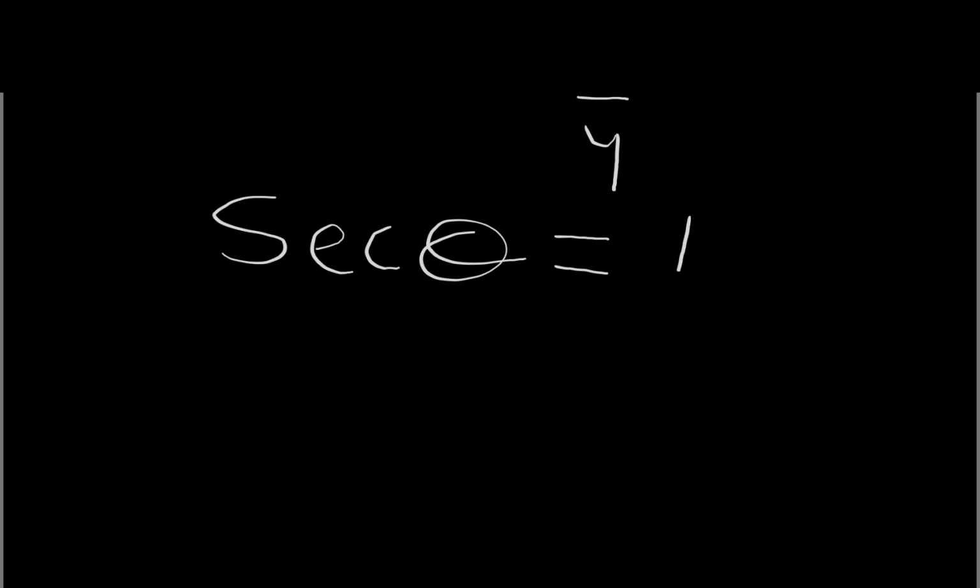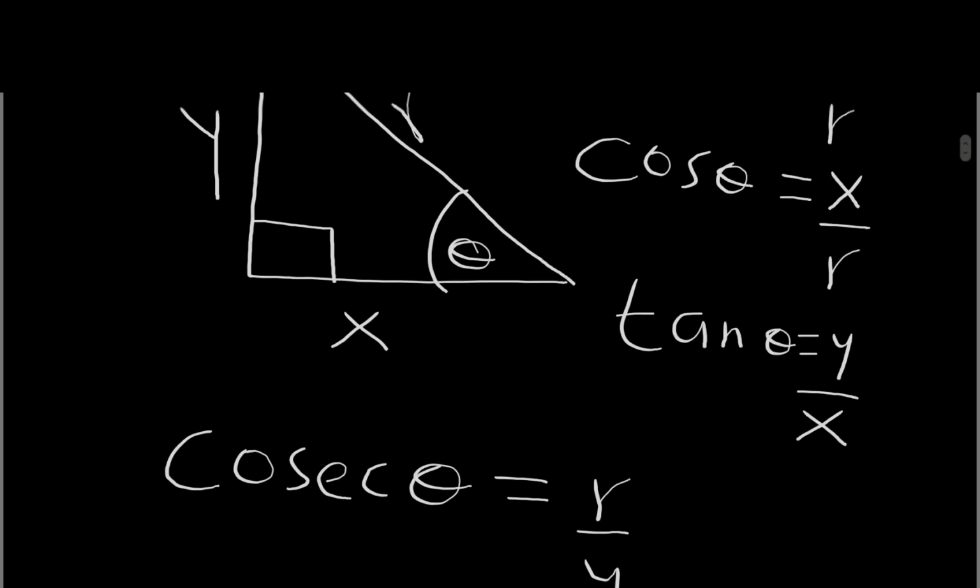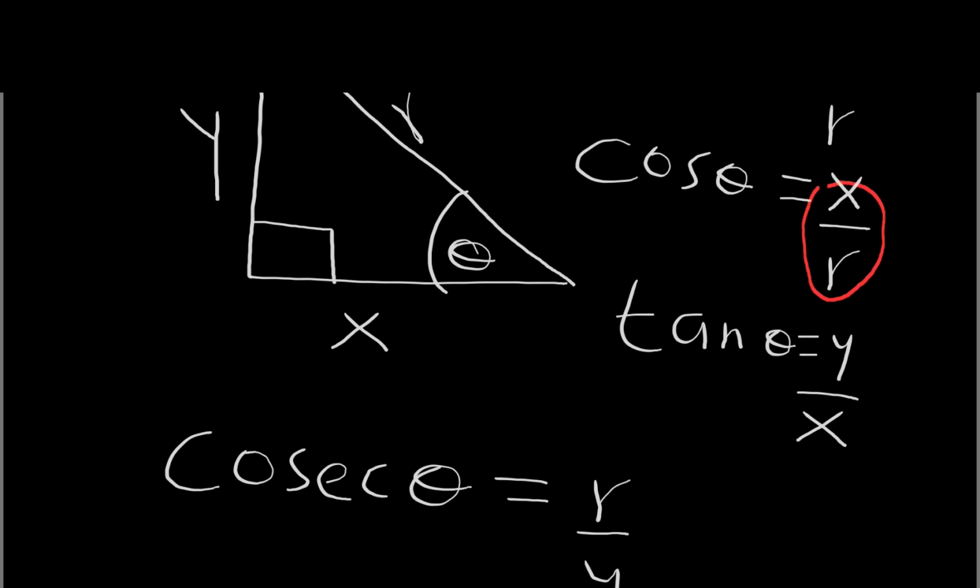We also know that sec theta is equal to 1 over cos theta. And what is cos theta? Let's check it. Cos theta is x over r.